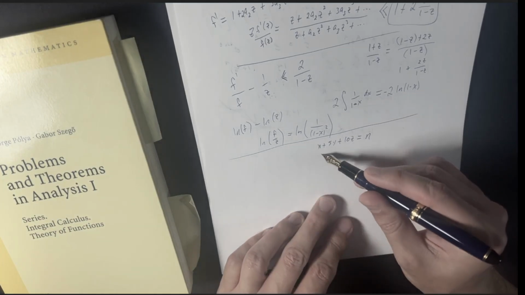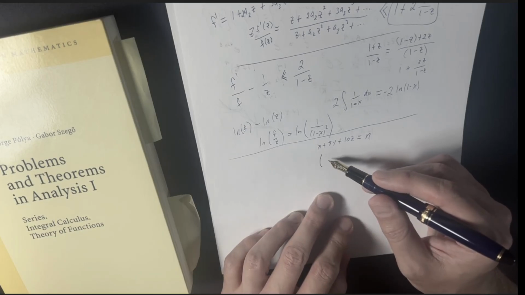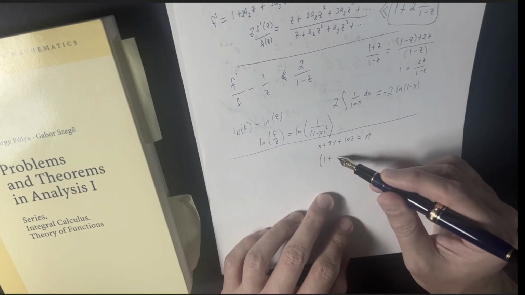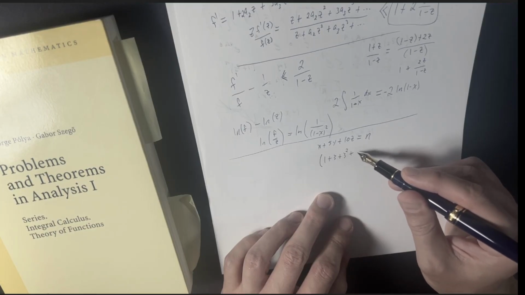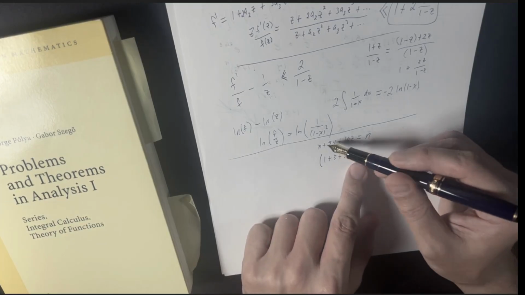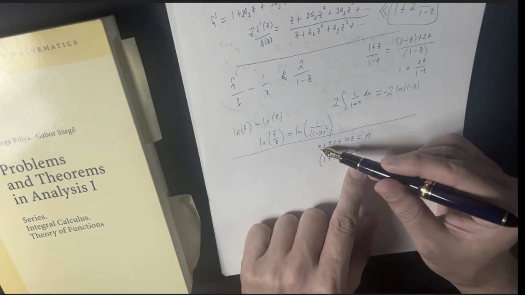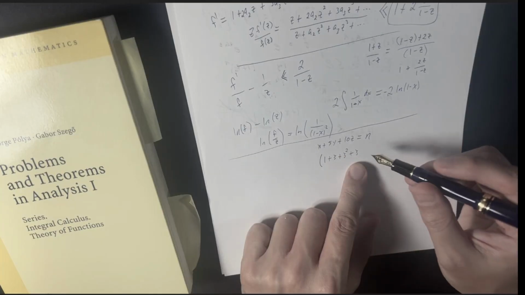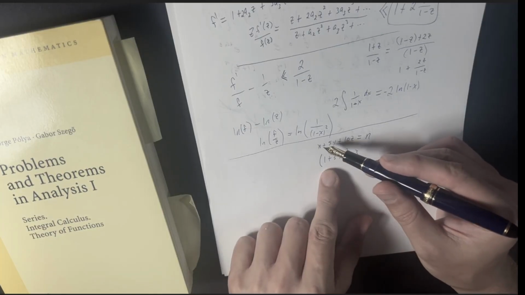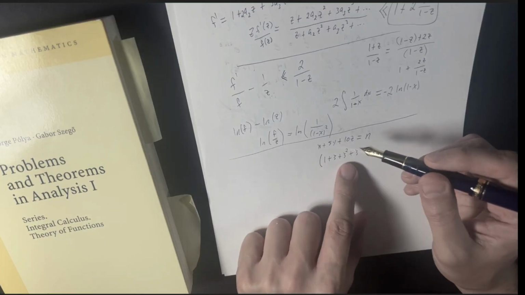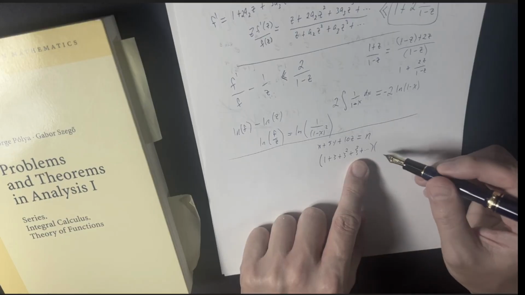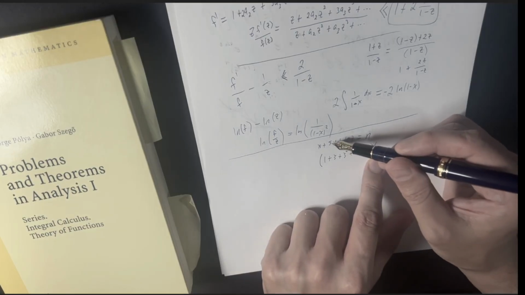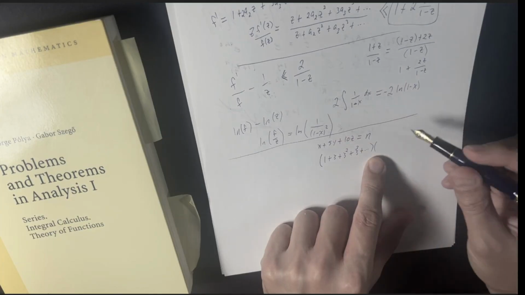What you can do is jot down all the powers that would result from terms like this first one. So x could be 0 or 1 or 2 or 3, etc. And then jot down all the powers that result from multiples of this second coefficient.